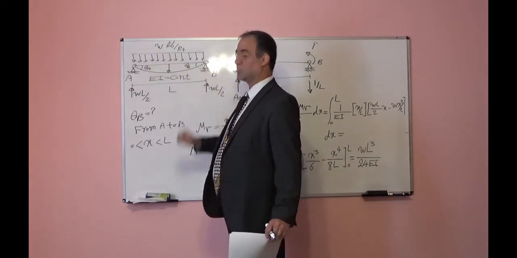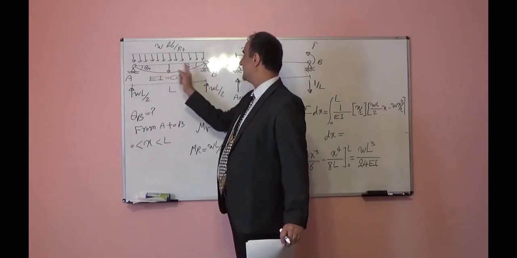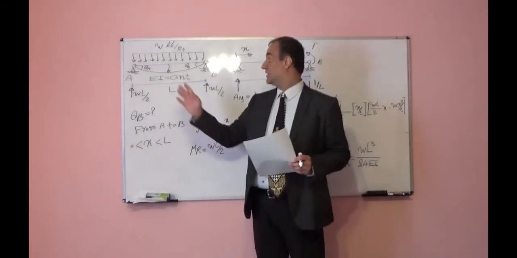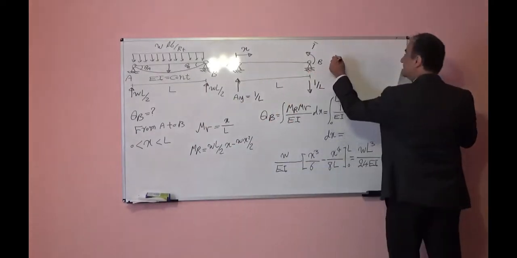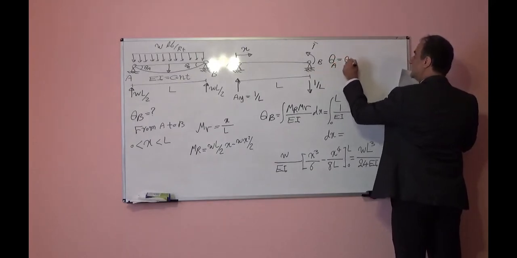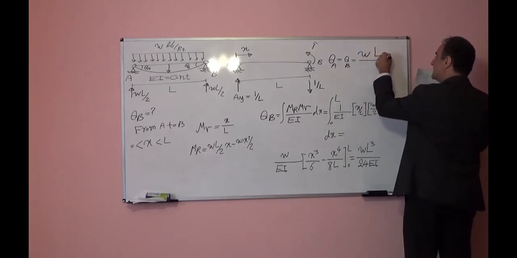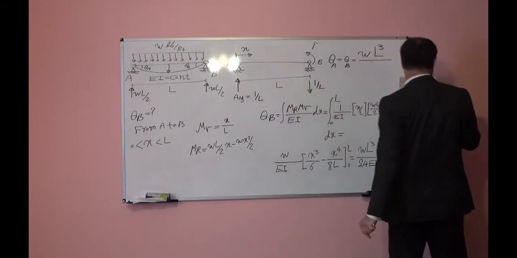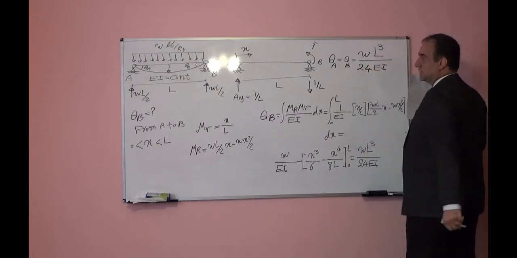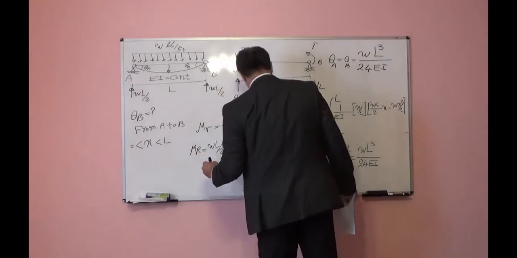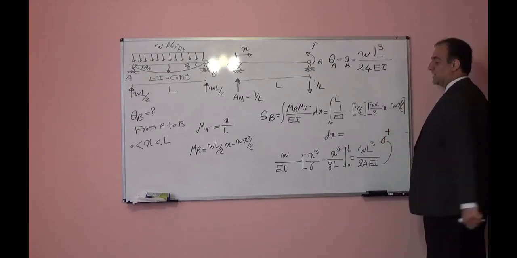If we have a simply supported beam subjected to uniform distributed load, theta A and theta B will be equal in magnitude because the deformation is symmetrical, equal to W, the intensity of the load, L cubed, the span length to the power of 3, over 24 EI. Here, you should know theta B is counterclockwise, so this will be positive.